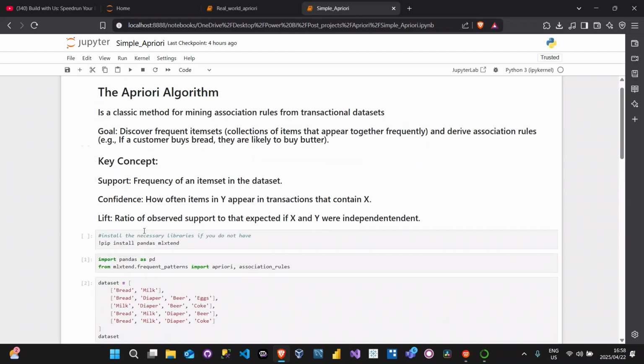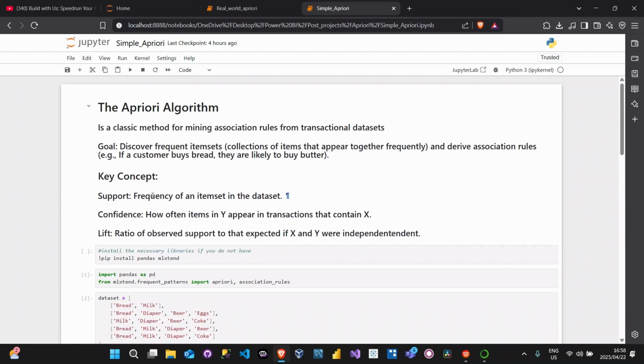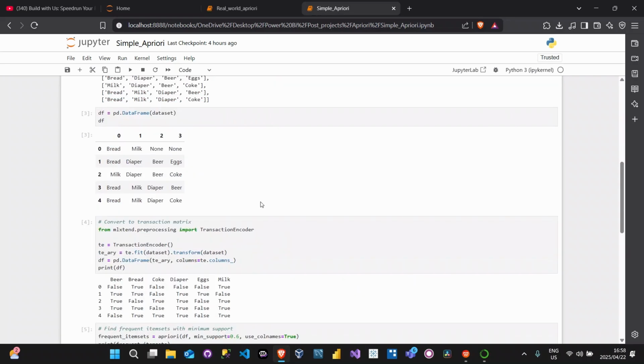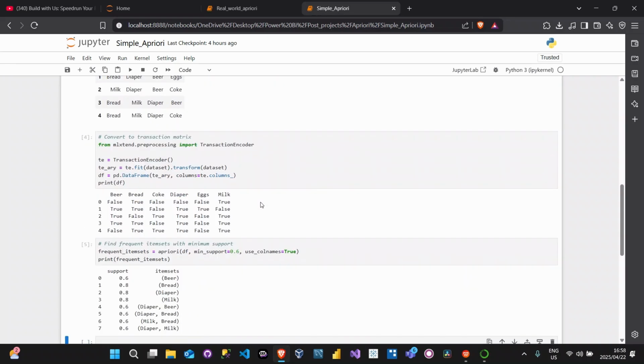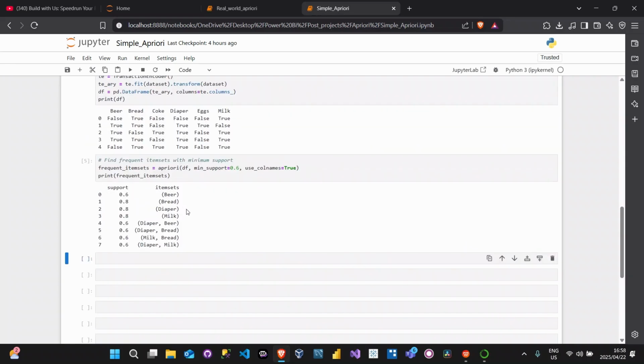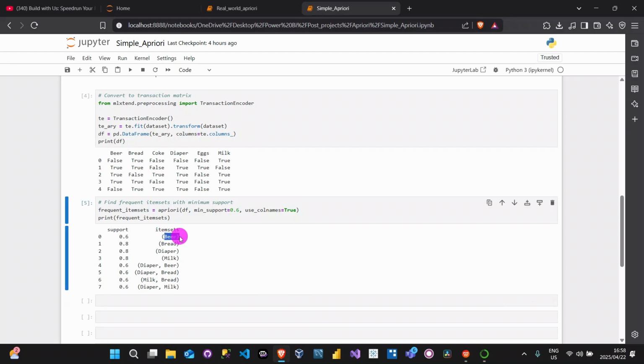Remember, support is the frequency of an itemset within the dataset. For each transaction, do we have a purchase of that product? We count it as one occurrence. I'll explain with beer. In our first transaction, we do not have beer.